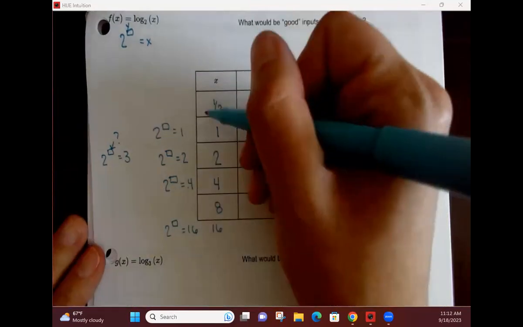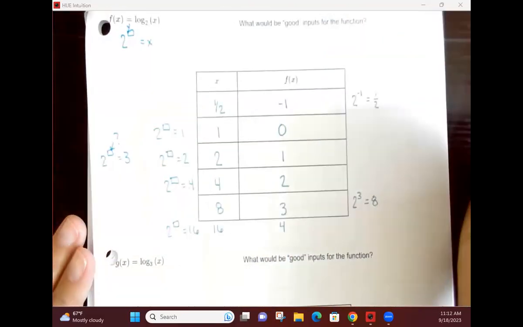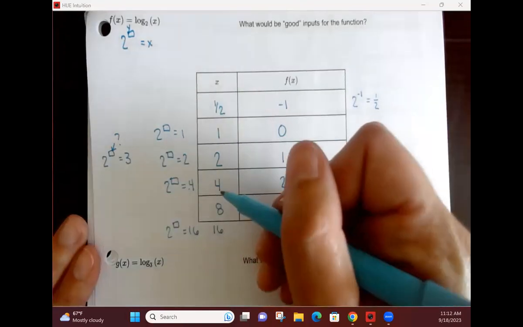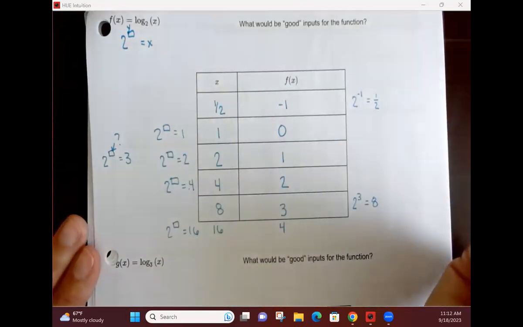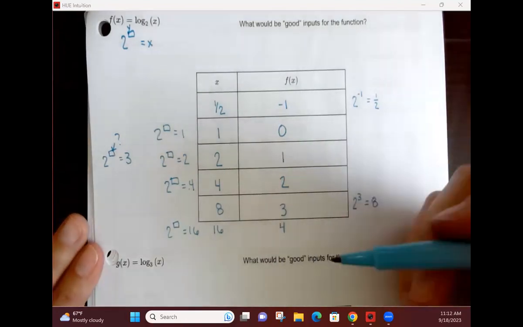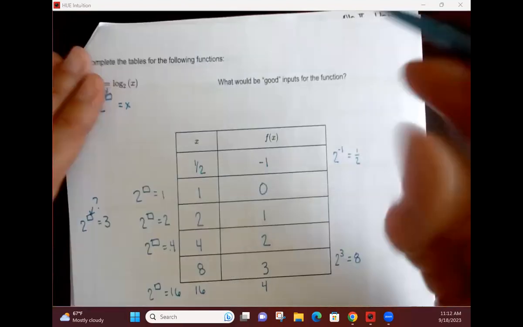So what am I doing when I'm picking x values here? How am I deciding that these are good values? What do they have in common? 2, 4, 8, 16. They're all nice powers of 2.